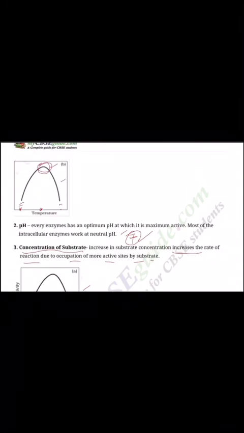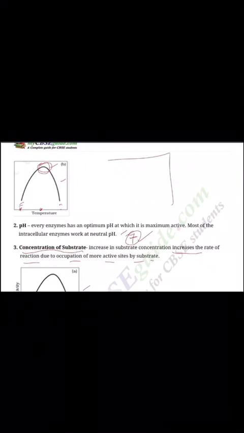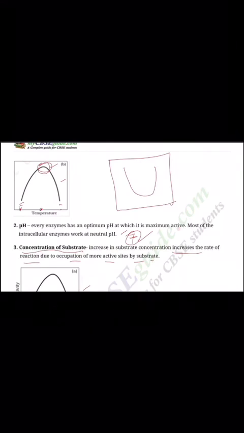And sometimes you may have to think out of the box, like this is the normal graph, but in your exam you may get the graph in reverse, and they will ask you to interpret this graph, why this happens, when this happens, and how to do the corrective measures. So this is an interpretation question. Such questions are very common, and these are called HOTS, higher order thinking skills. So you need to practice such questions also.